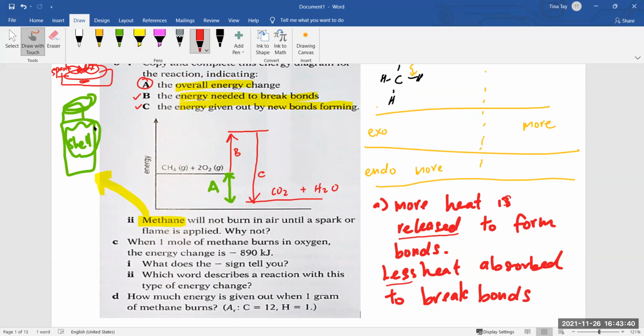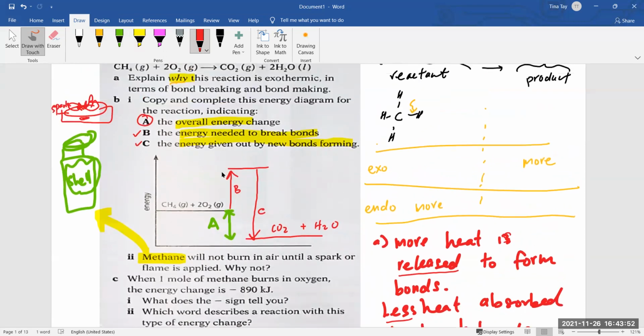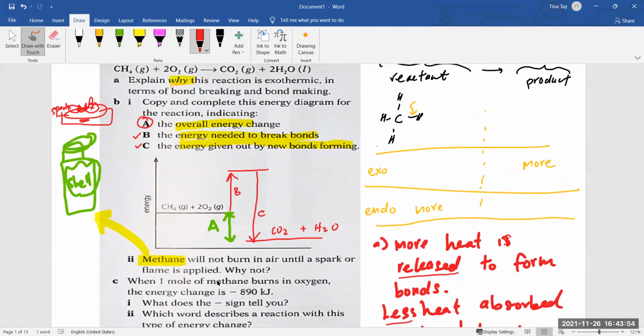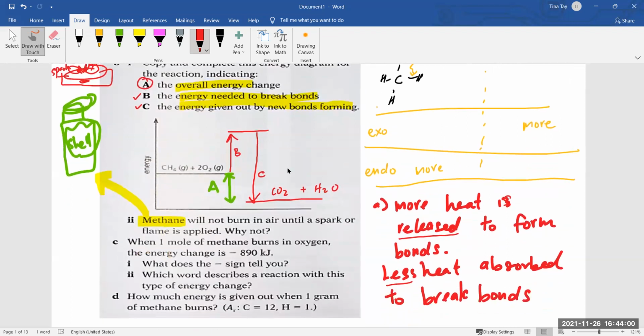Will things just explode magically? Will anything, even if it's very, very super flammable, just explode magically, or do you always need to put a spark? Even if the whole house is full of gas, you need somebody to light a cigarette before it can explode, right or not? So why do you need to have a spark first? Why do you need something to start the engine or start whatever first?